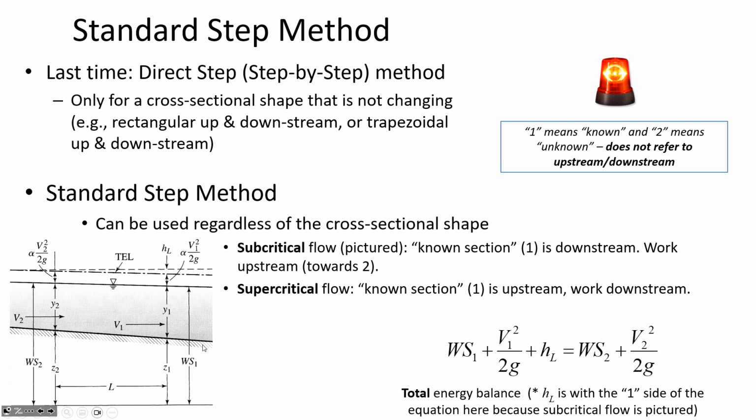The energy is the water surface elevation, so that gets us from the datum up to here, plus the velocity head, so that gets us from the water surface up to the total energy line, and then the head loss. So head loss is the distance between the original amount of energy at location 2 and the total energy line.